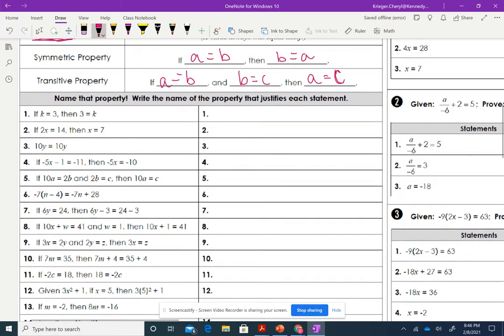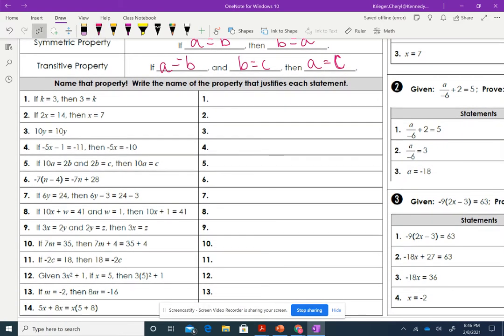So let's go ahead and try to name that property. Still review, and it's just getting you ready for proofs. If K equals 3, then 3 equals K. Which one was that? That's the symmetric property of equality, but I'll just write symmetric. Number 2 is easy, so I'll leave that one for you.